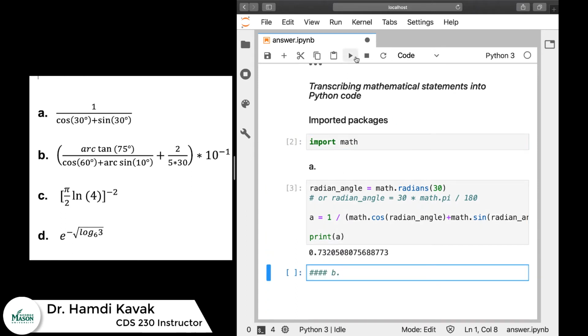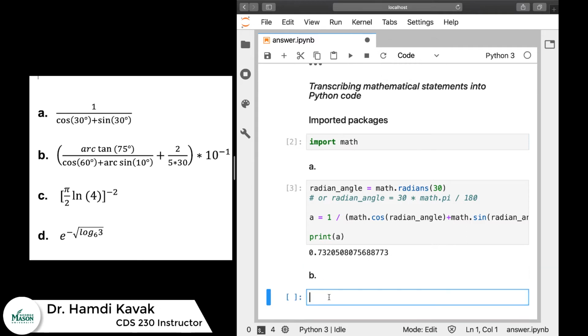In question B, let's convert the degrees to radians using the second method. Here we write arctangent 75 degrees.